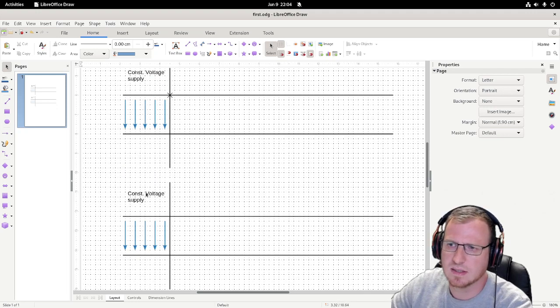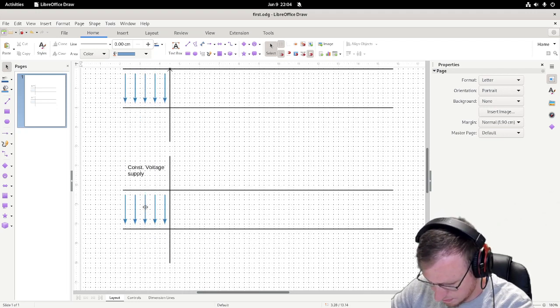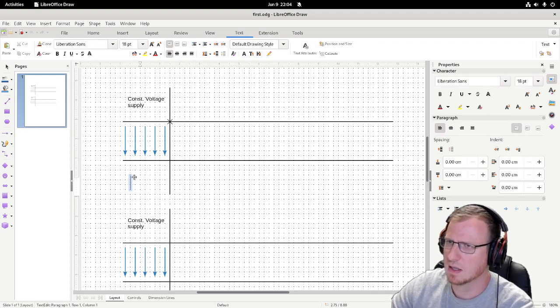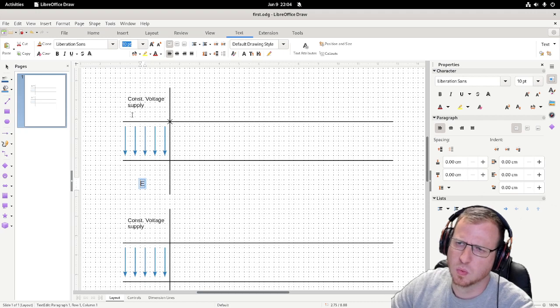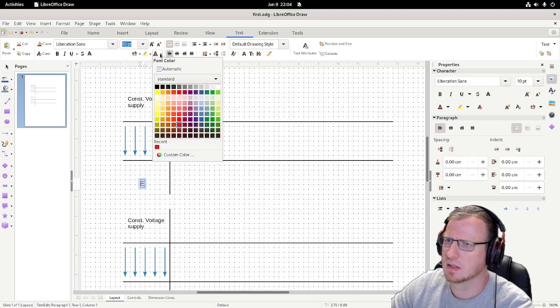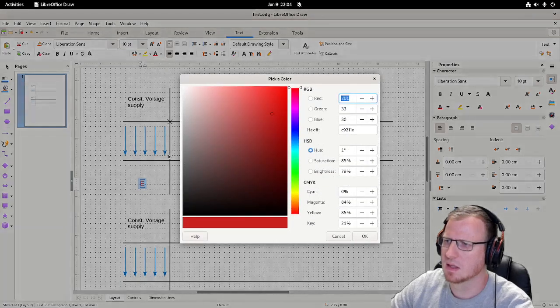This electrical field. Okay, we can make an E. I want to make an E like that, and this is E, and the color of E is custom color.